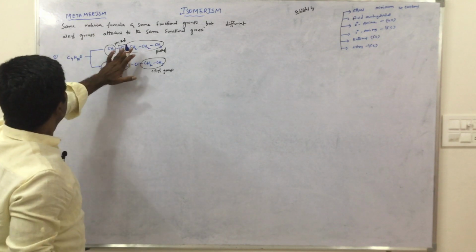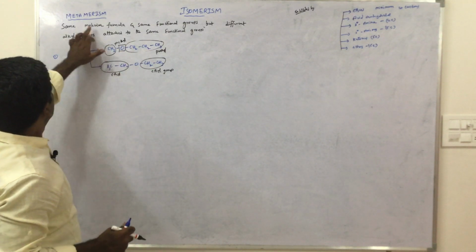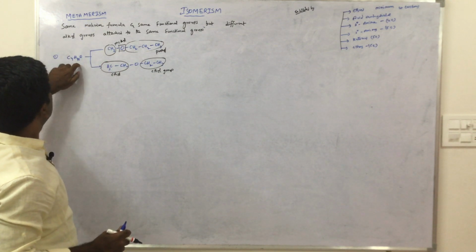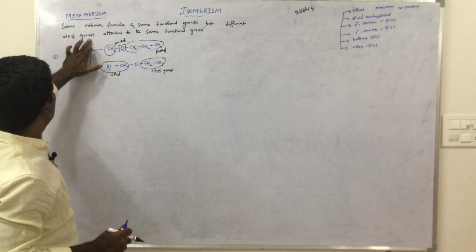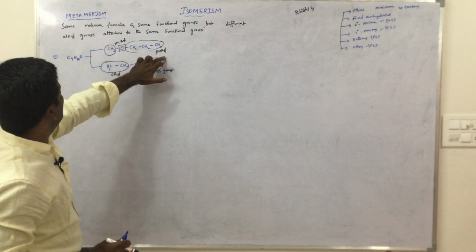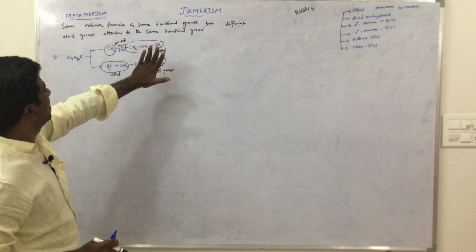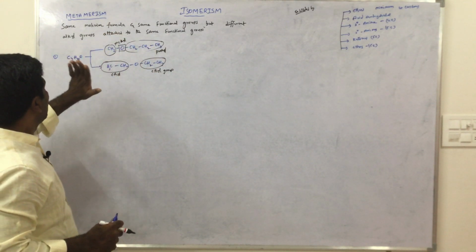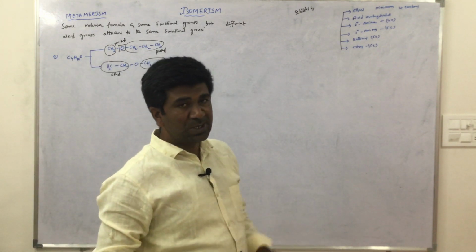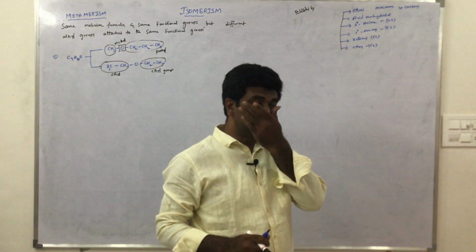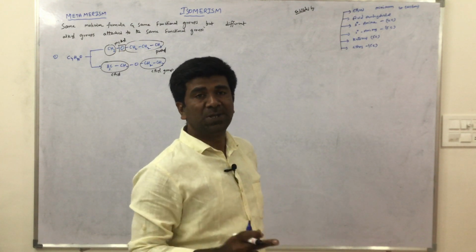Same functional group, the ether group, same molecular formula C4H10O, but different alkyl groups: here methyl and propyl, here ethyl and ethyl, attached to the same functional group. These isomers are called metamers and this phenomenon is called metamerism.